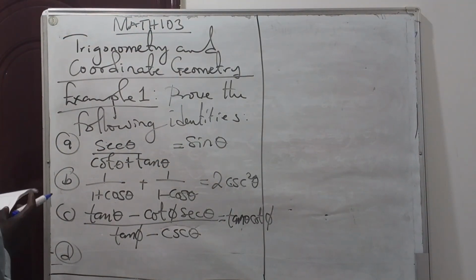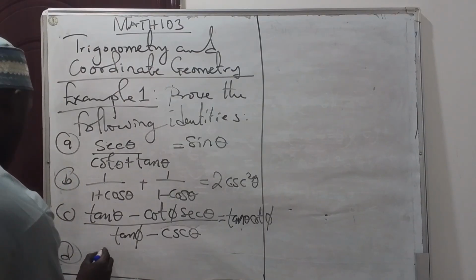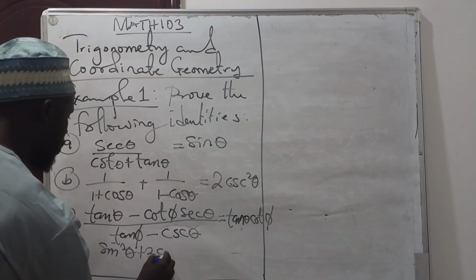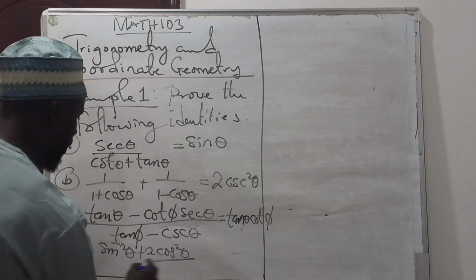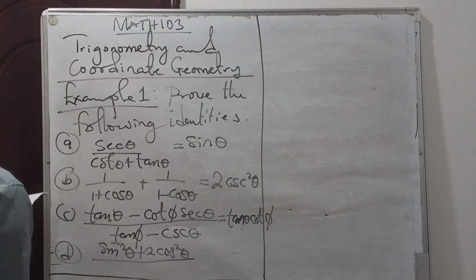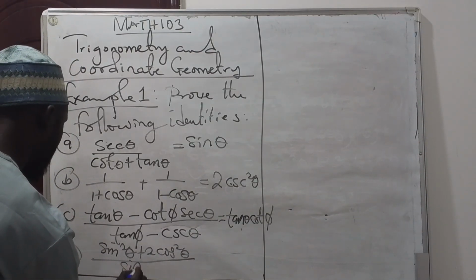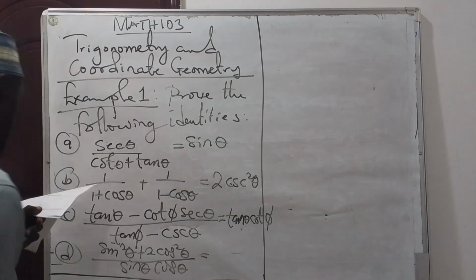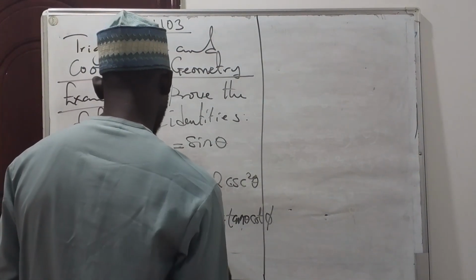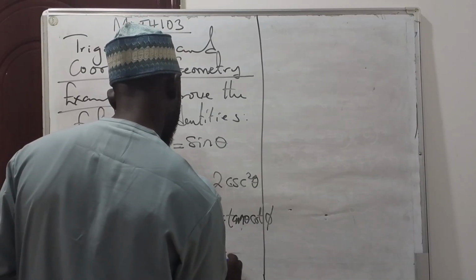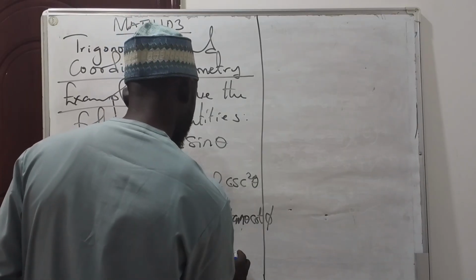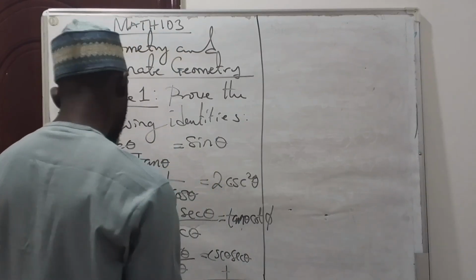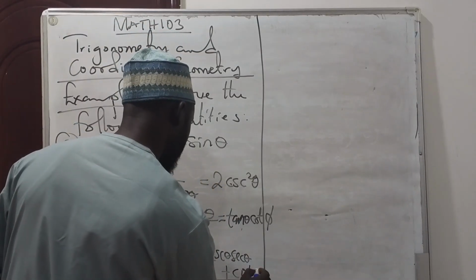D, we have sine square theta plus 2 cos square theta divided by sine theta cos theta to be equal to cosec theta sec theta plus cot theta.